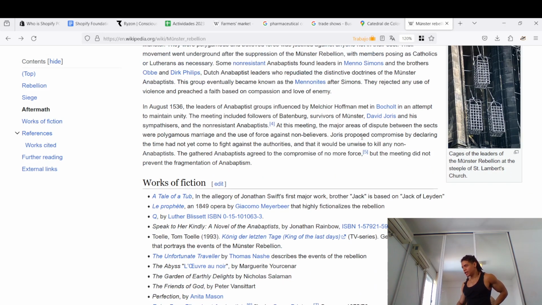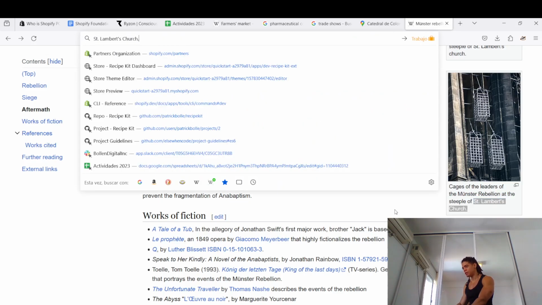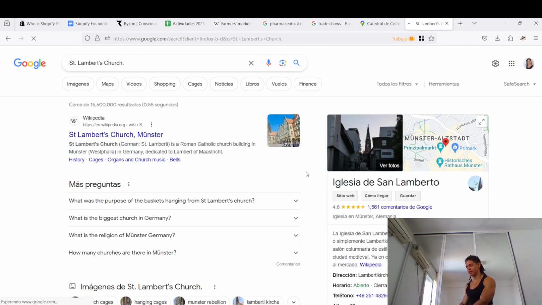Question: where is this church located? Münster Rebellion.